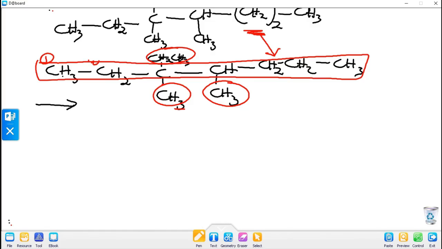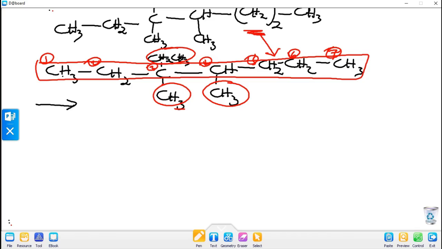Here I have carbon 2, carbon 3, carbon 4, 5, 6, and 7. So, it implies that one of the methyls is attached to carbon 3 and the ethyl is also attached to carbon 3 and the second methyl is attached to carbon 4.